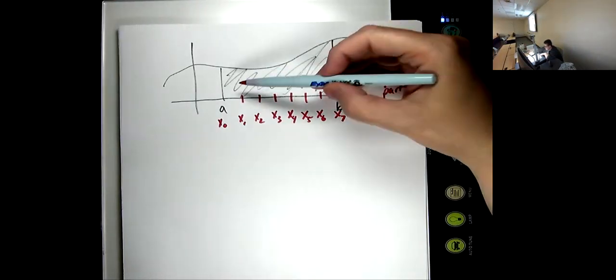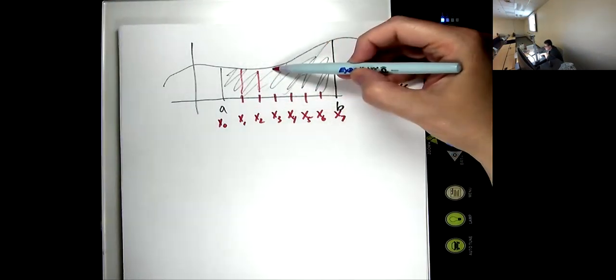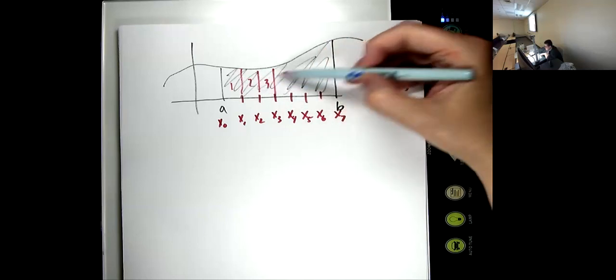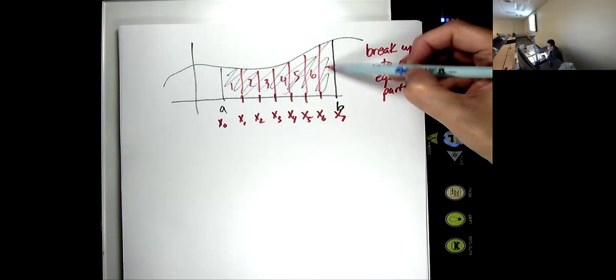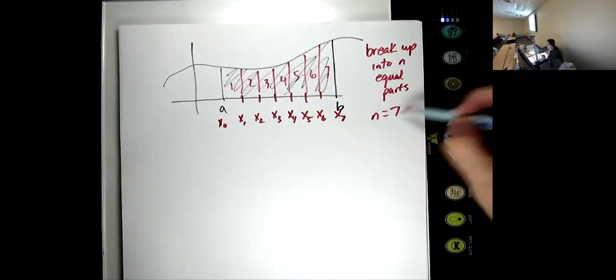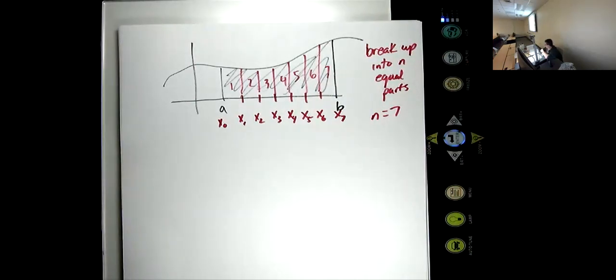And I've got 1, 2, 3, 4... here I've got 7 regions. So in my picture, I have n equals 7. But in a generic form, we're just going to leave it as n.